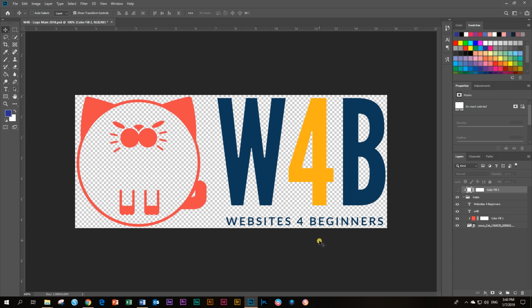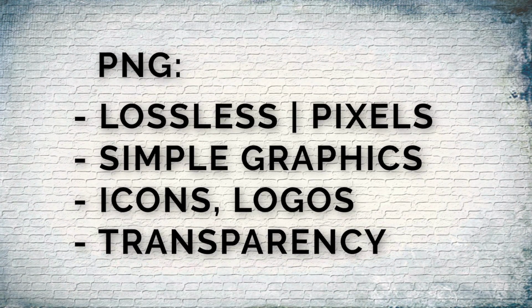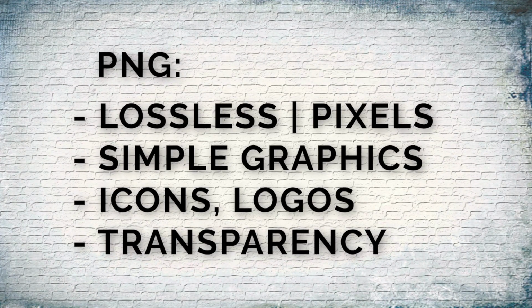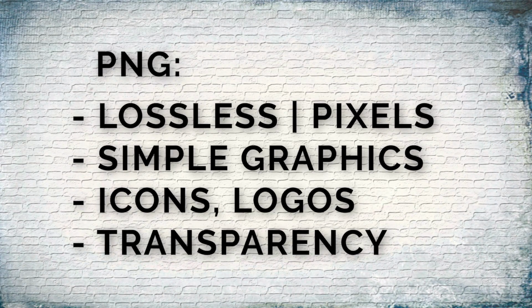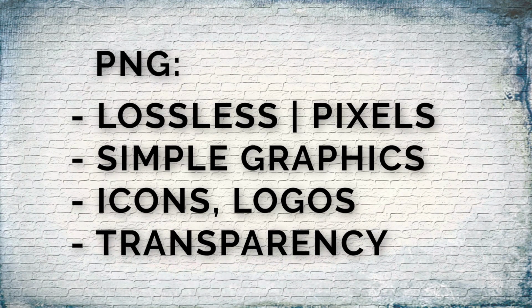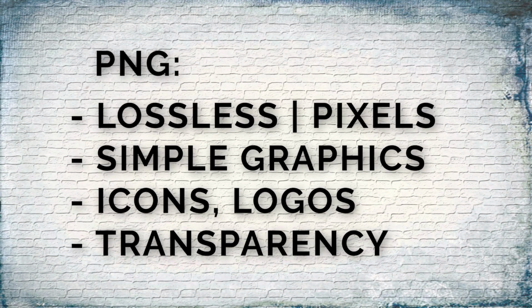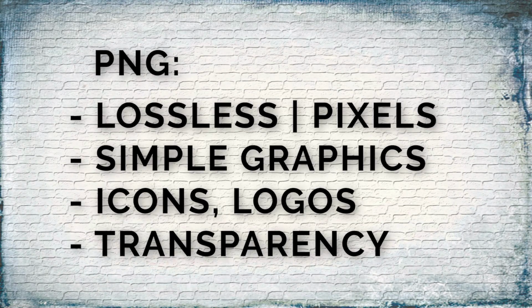The PNG format will display the text clearer than a JPEG image would. To round up then the discussion on PNG, PNG is a lossless, pixel-based file format that retains high quality, making it suitable for simple images such as icons, logos, and text work. It is also used for photos that have transparency elements, as JPEG cannot render transparency.